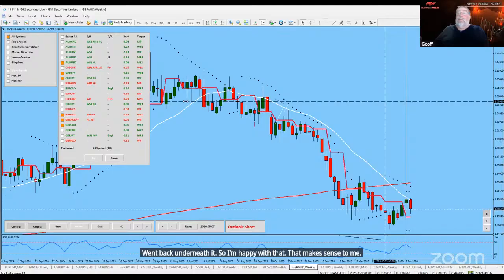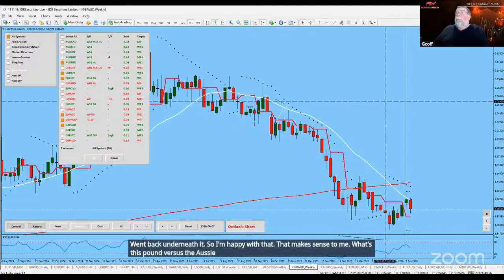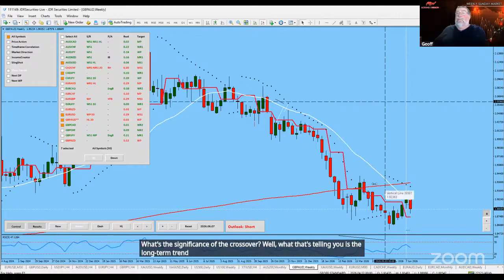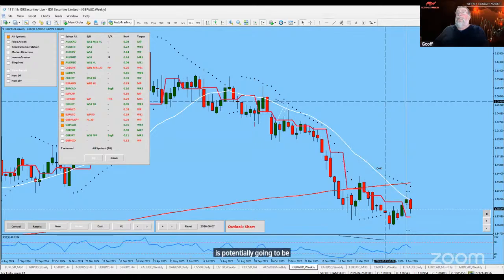What's this pound versus the Aussie? What's the significance of the crossover? Well, what that's telling you is the long-term trend, the 200 moving average, is potentially going to be broken by, so this is support, right?